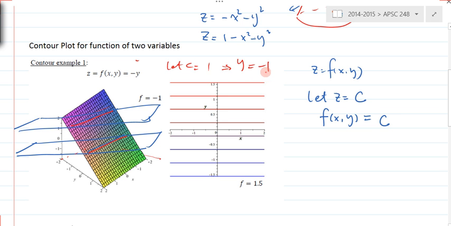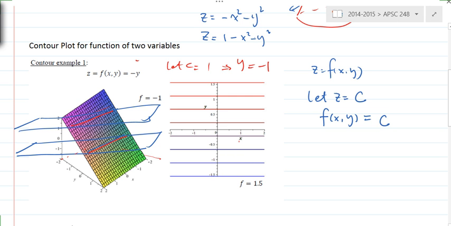And what is y equal to negative 1? It's here. That's a straight line. So this is a whole bunch of lines that you got by giving c different values. These are level curves.